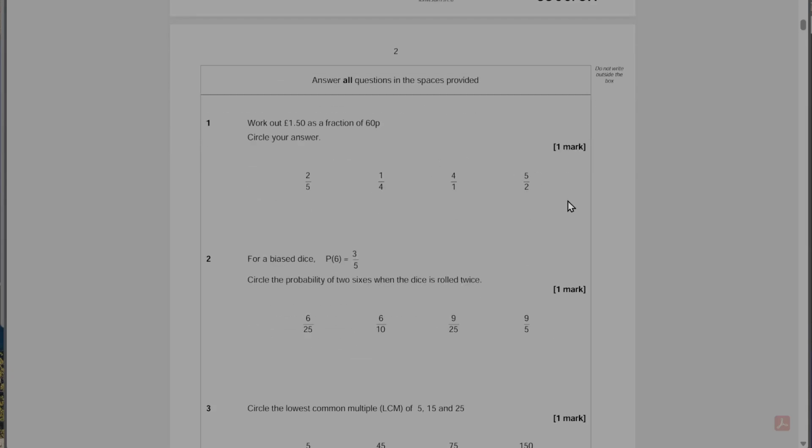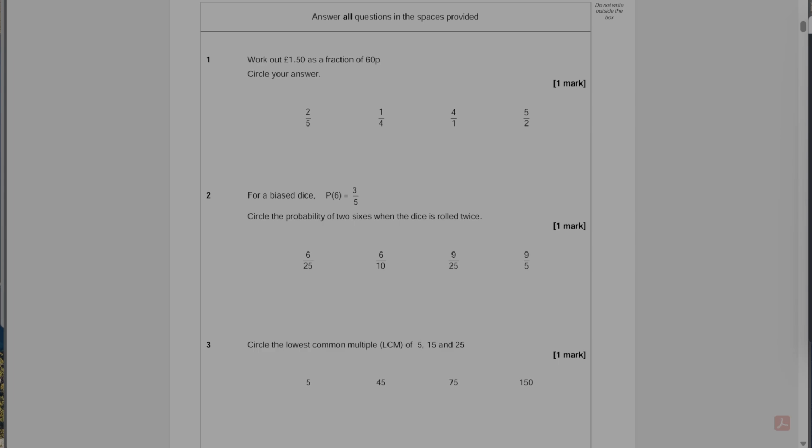Question 1. Work out 1.5 as a fraction of 60 pence. Circle your answer. Okay, so we've got a mixture of units here. I'm going to convert them all into pence. So let's turn it on first of all. It's going to be 60 out of 150. And then we can use our calculator to simplify that down, although I'm sure you are all more than capable of simplifying that down without a calculator.